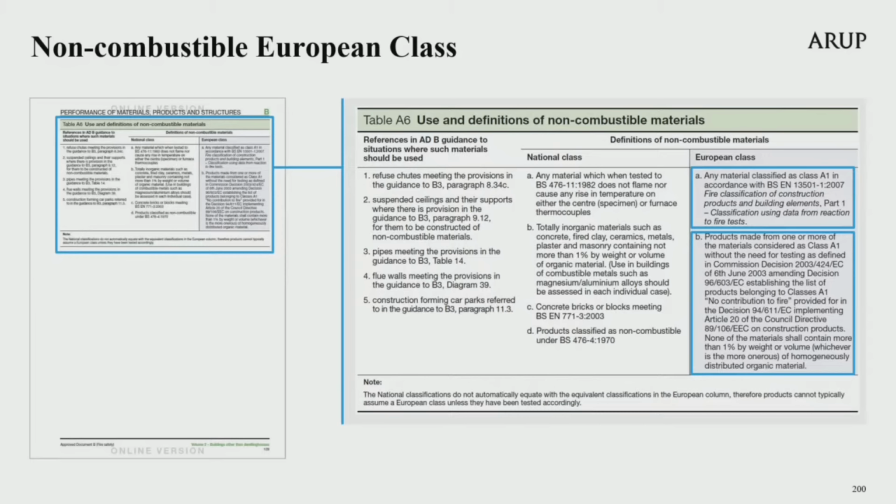The first blue box at A relies on testing and classification, as I've just described. The second option in the lower blue box is by means of specific materials deemed to satisfy the performance. Back up at paragraph A, it states there that non-combustible materials are any material classified as class A1 to the classification standard.